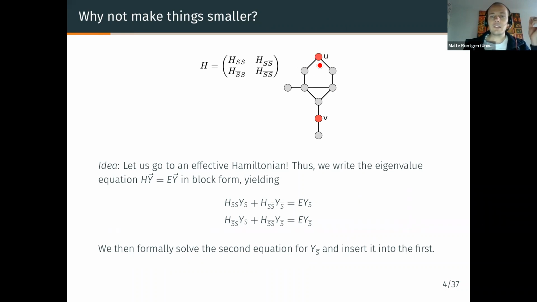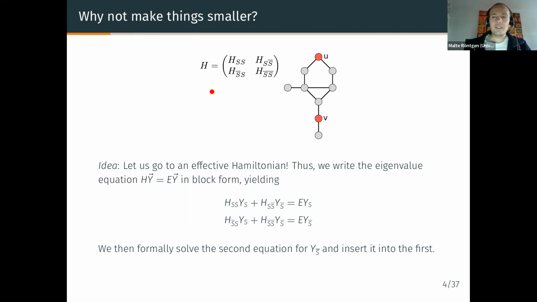One subsystem S consists of the 2 sites U and V, on which we have parity. We call this set S. Then we need the complement, so all the other sites, which is just the gray stuff here. Now we have partitioned our system. We can write down our Hamiltonian in block form like this, with, for example, this 2x2 matrix H_SS describing just the isolated subsystem consisting of the sites U and V.